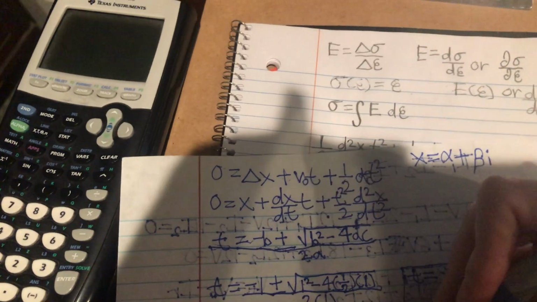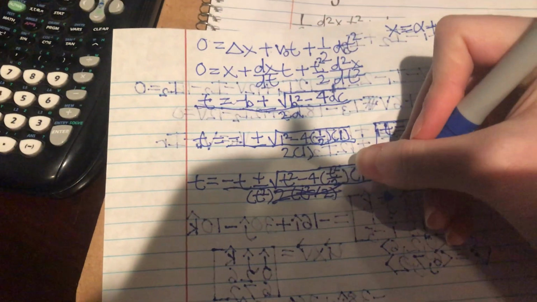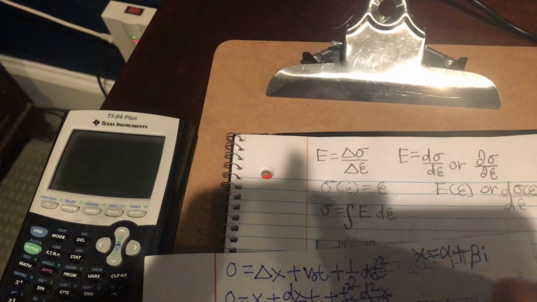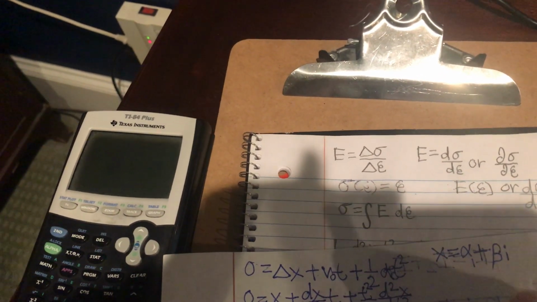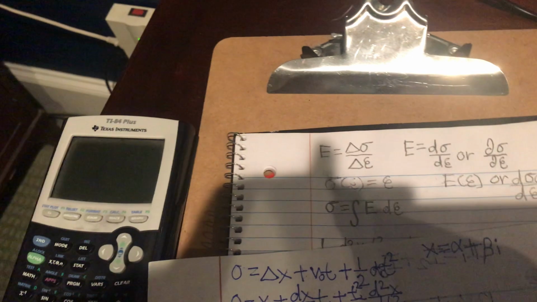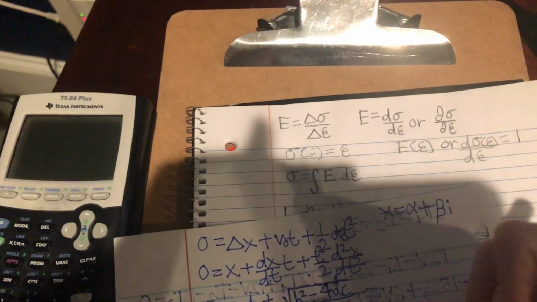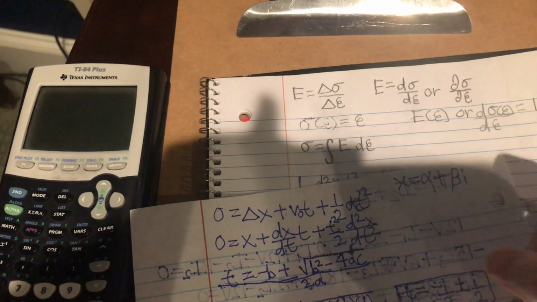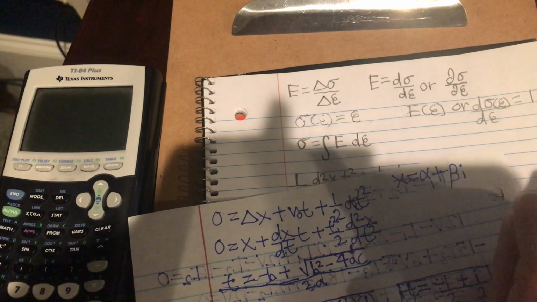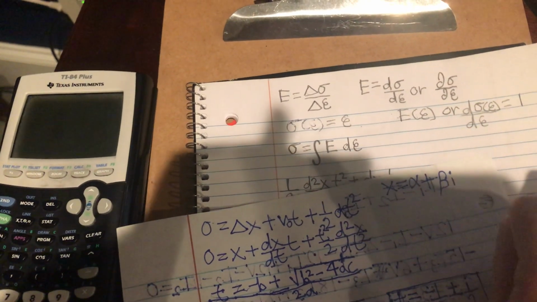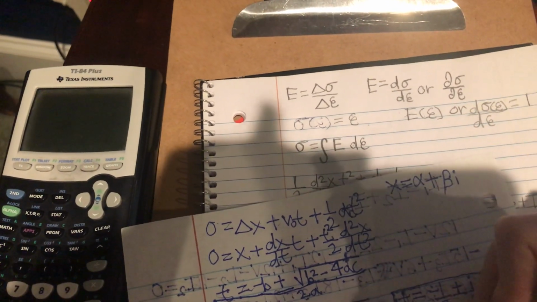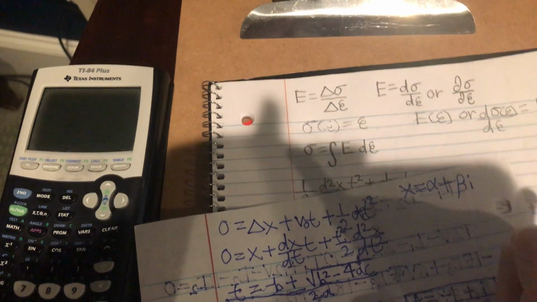We're going to state that t equals negative 1 plus or minus i, all that divided by t.